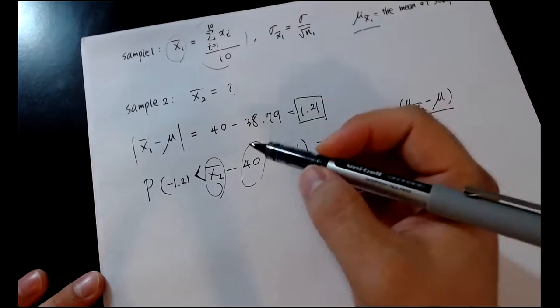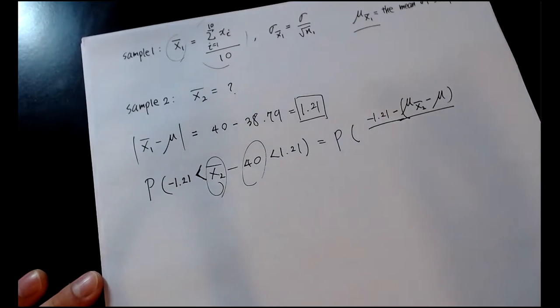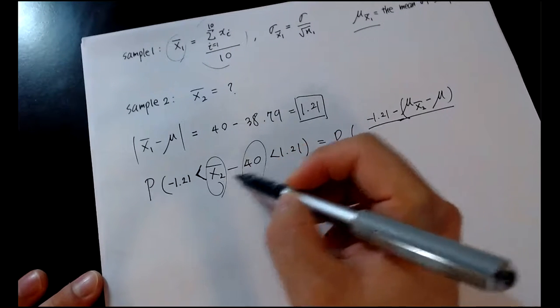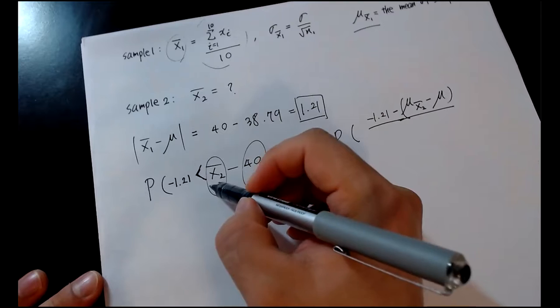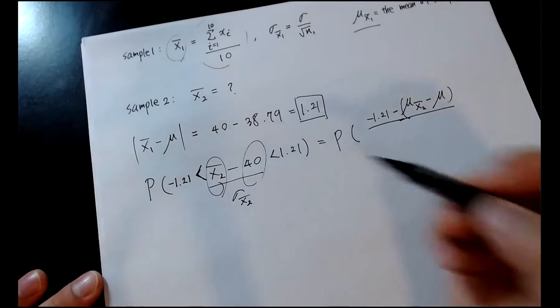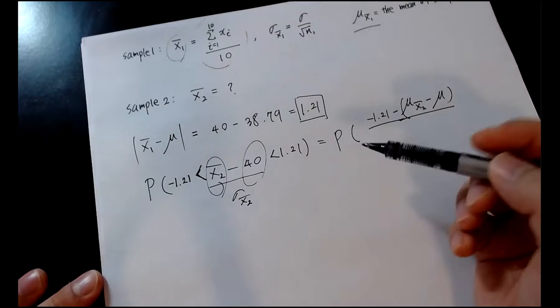So then the z-score of x2 bar is going to be x2 bar minus 40 over sigma x2 bar, right? So that is the z-score of x2 bar.